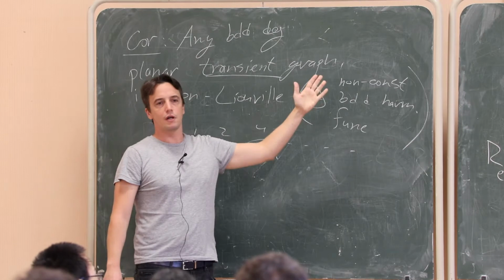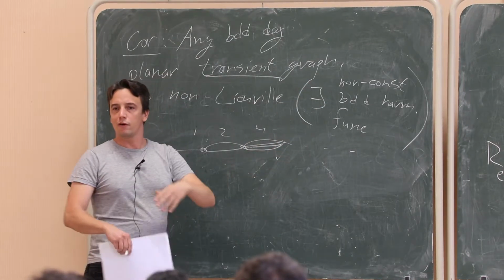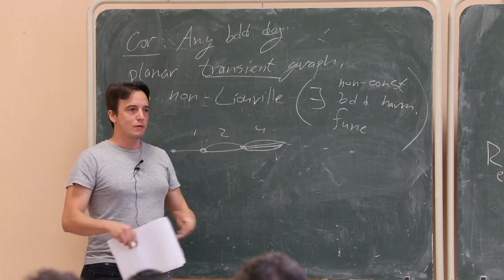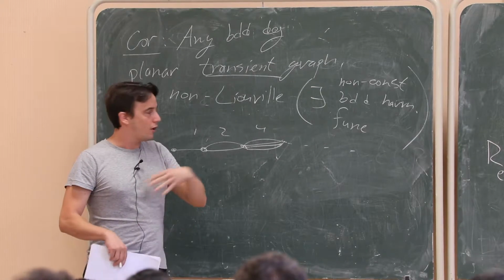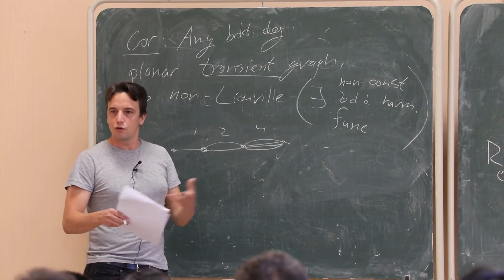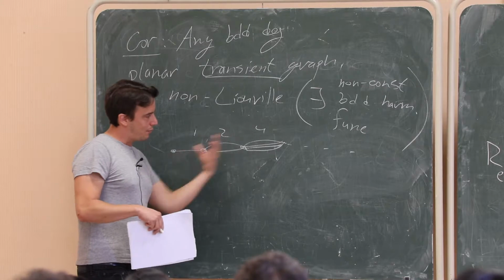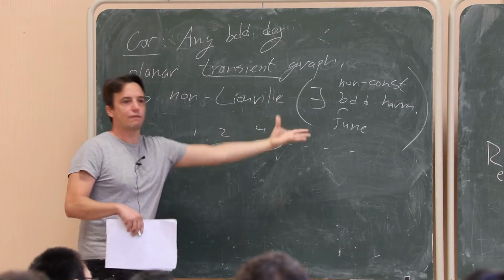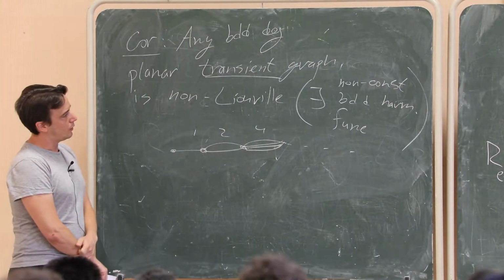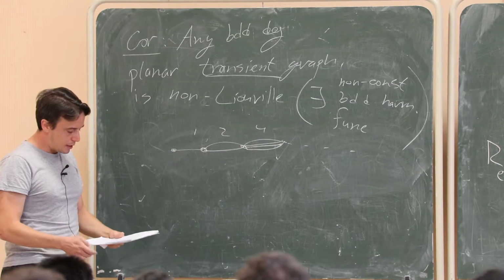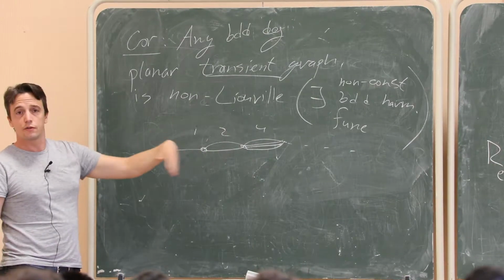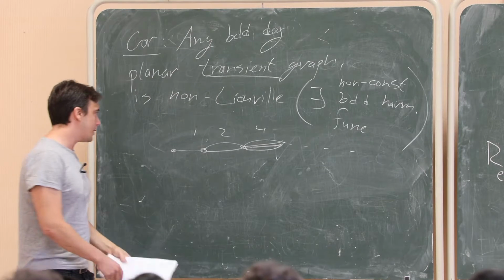You always converge in this direction, and there are no other 0-1 events. Sorry, there are no events that have a non-trivial probability that talk about the infinite behavior of the random walk.